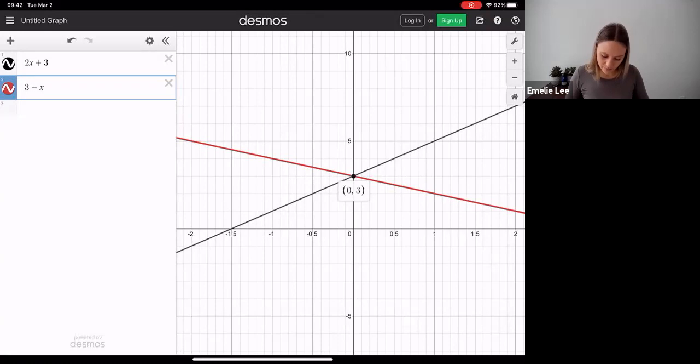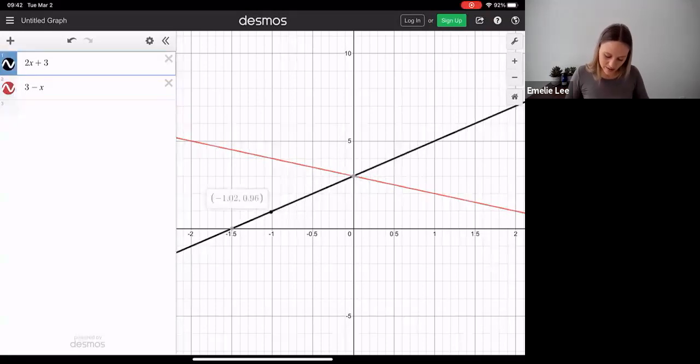And so the point that we're interested in here is at negative 1, right? From negative infinity up until negative 1, it's going to behave like this first line, the black line, but not including negative 1, so open dot there.